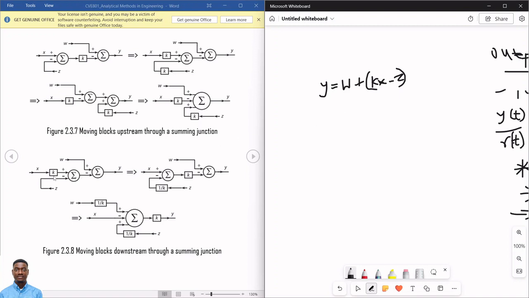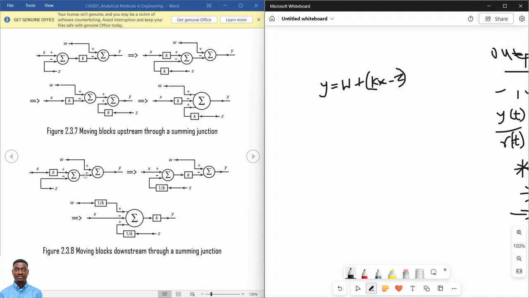So to now move this block upstream, over the summing junction, to the right of this, this K will now come here. Once this K comes here, how do I ensure that the model is still the same?